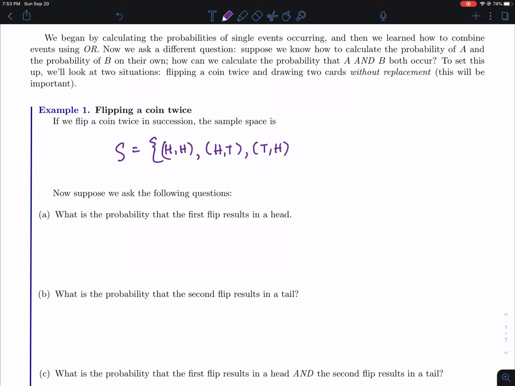We could flip tails and heads, or tails and tails.